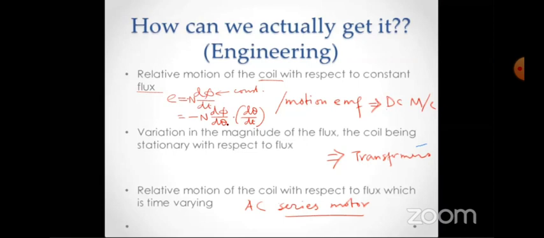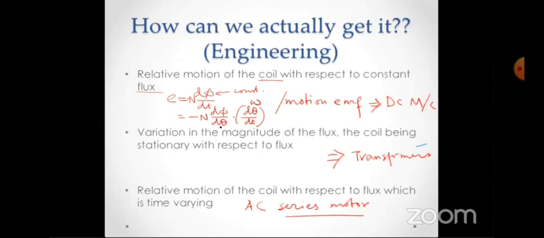Okay, so that means we need two things. The statement I made at the beginning, that the relative motion between the coil and the flux is needed, is only partially true. Even if we have the relative motion, d theta dt, which is basically the angular velocity omega, in spite of having a finite omega we can have a zero induced voltage if there is no change of flux with respect to theta.